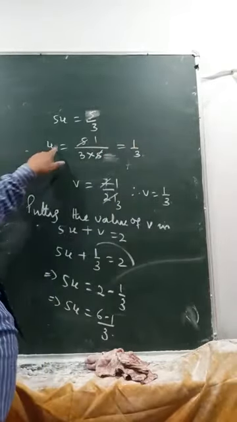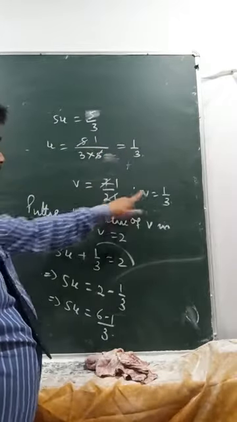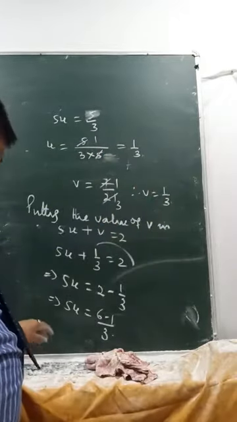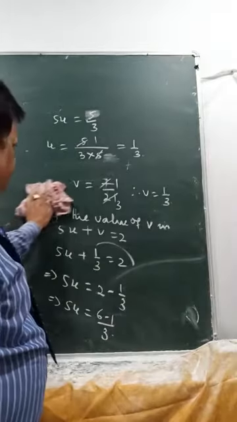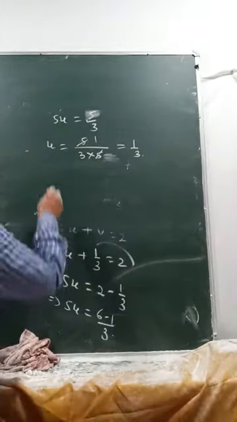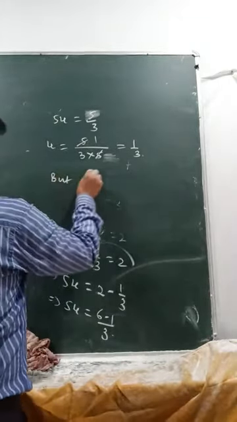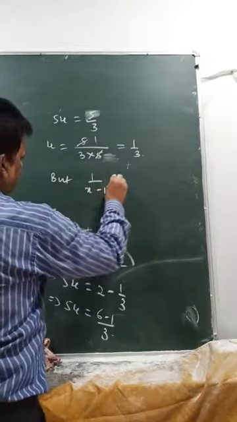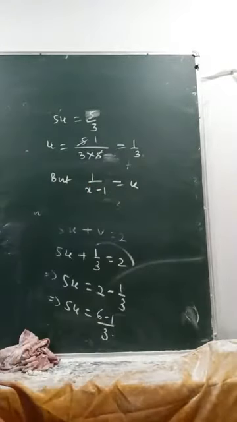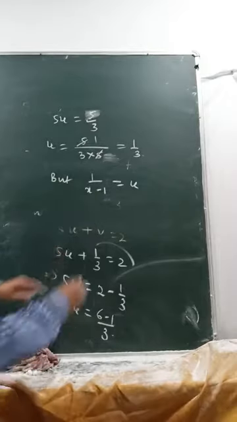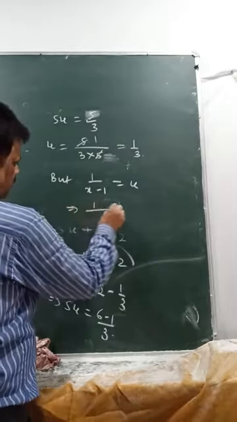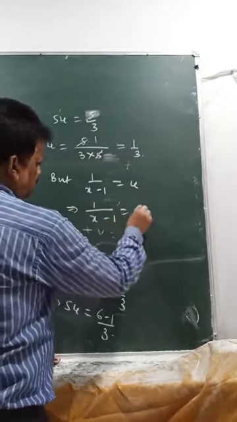Now u equals 1 by 3, v equals also 1 by 3. But what will you find out? 1 by x minus 1 equals u. This is what you have taken. This implies 1 by x minus 1 equals 1 by 3.